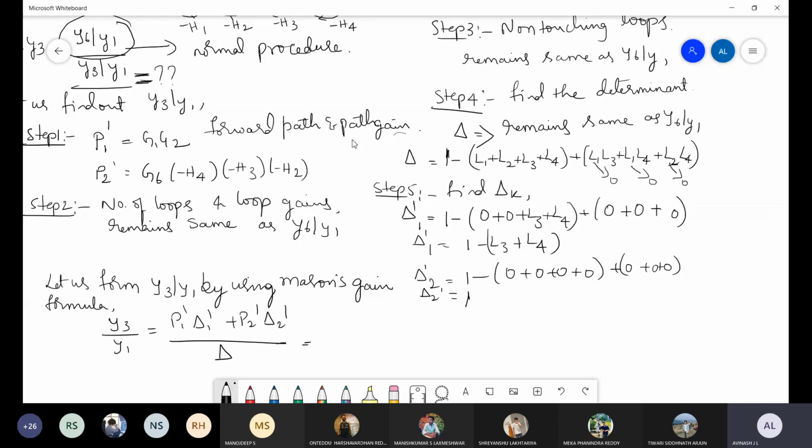P1 dash, P2 dash is G1 G2 into delta 1 dash, which is 1 minus of 1 minus L3 minus L4, plus G2 into minus H2 H3 H4 G6 into 1, divided by delta.